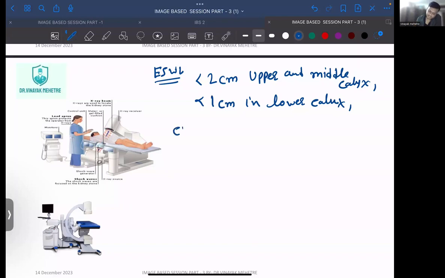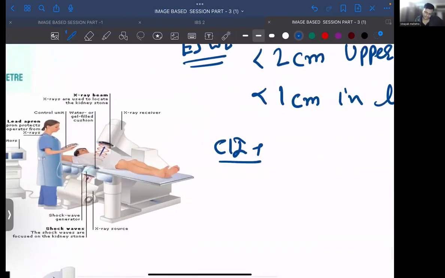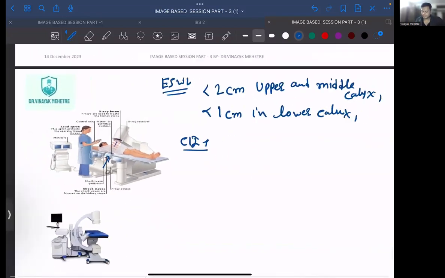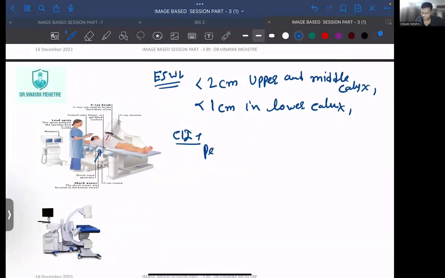कॉन्ट्राइंडिकेशन क्या है इसके? फर्स्ट, we cannot expose beam on a child, right? So patient is pregnant, right? Patient is pregnant. So contraindication, first one is pregnancy, right? Yes.